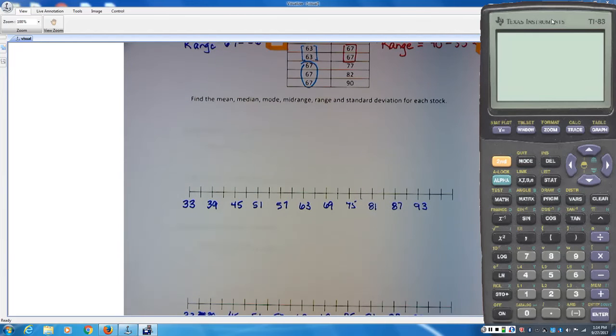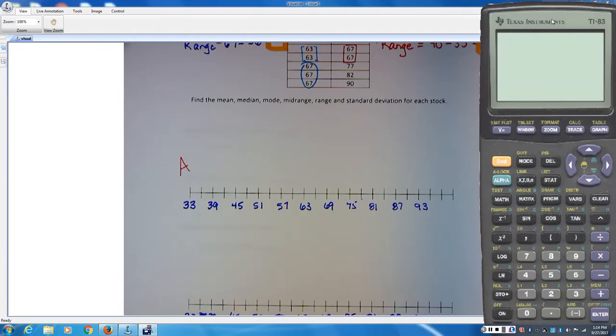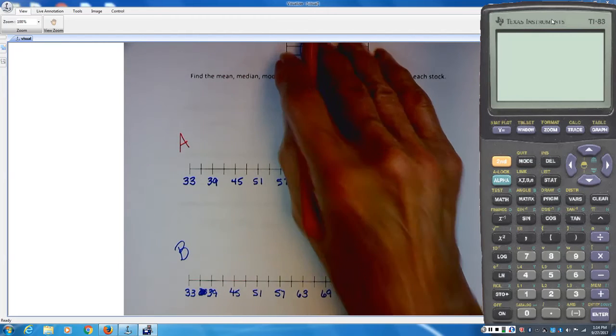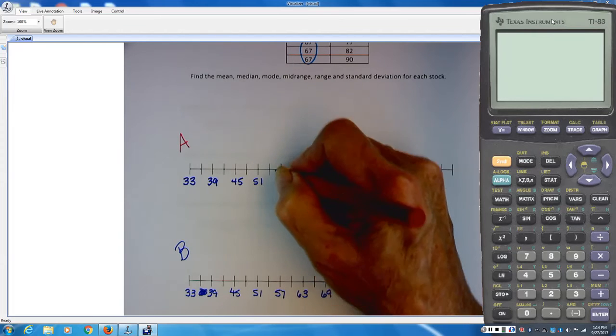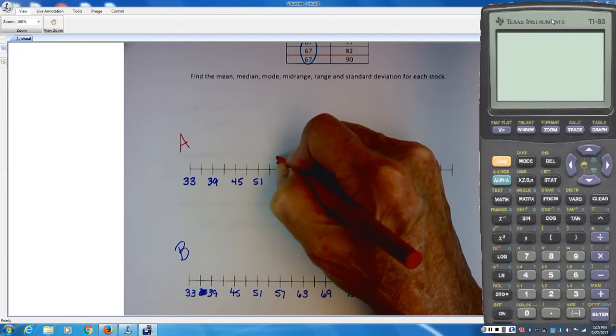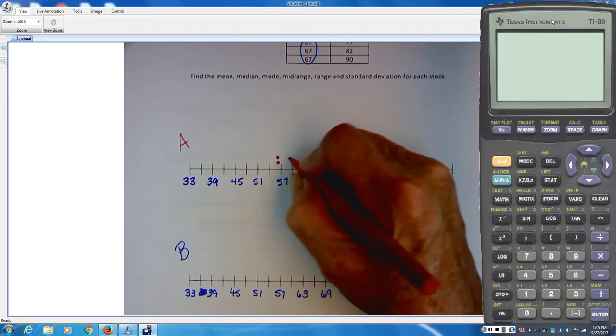Now I want you to take the numbers for stock A and stock B and plot them, where this is stock A and the bottom one's stock B. So I'm going to start out with stock A. I've got two 56s. And since this is 57, 56 is probably right about here. And then I have one 57.